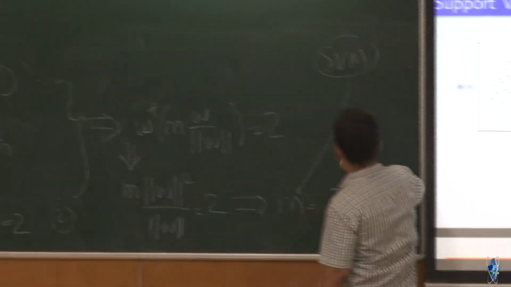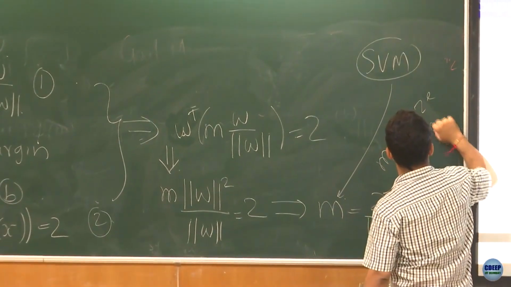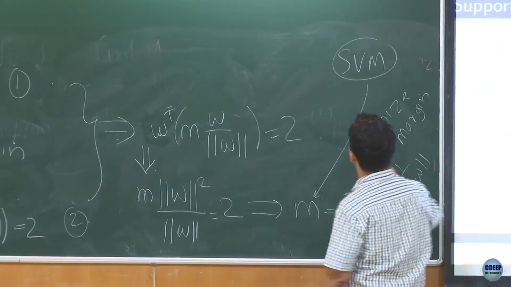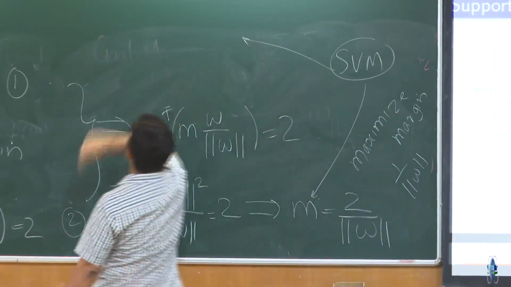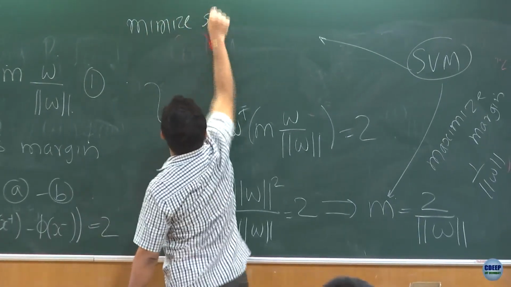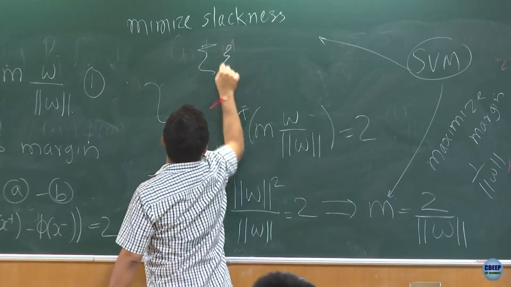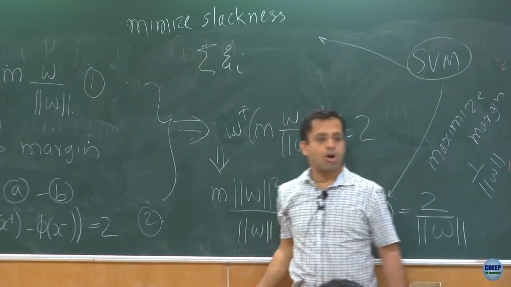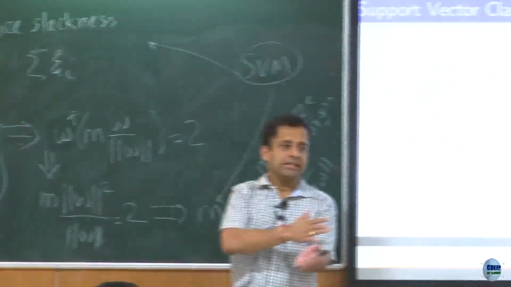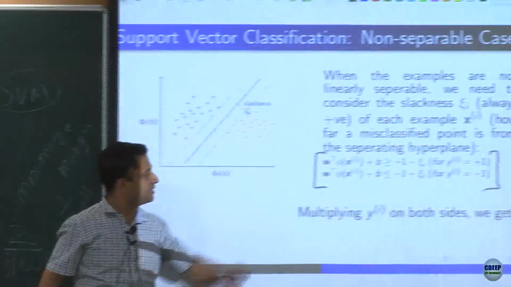The first thing you do is maximize the margin, which is proportional to 1 upon norm w, and the second thing you do in SVM is minimize slackness in terms of summation of xi's. All the xi's put together I want to be small. Maximize margin, minimize the xi's such that these constraints are satisfied, right.